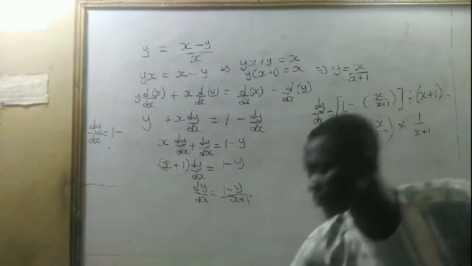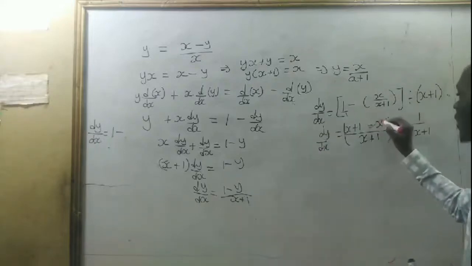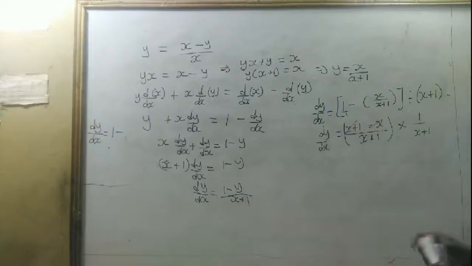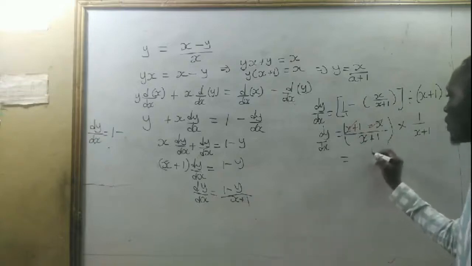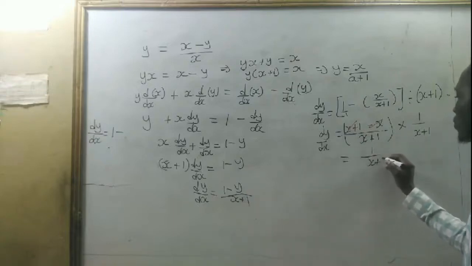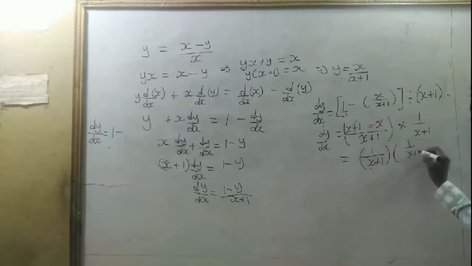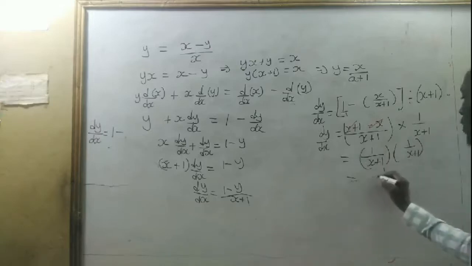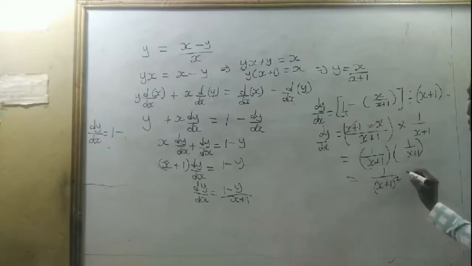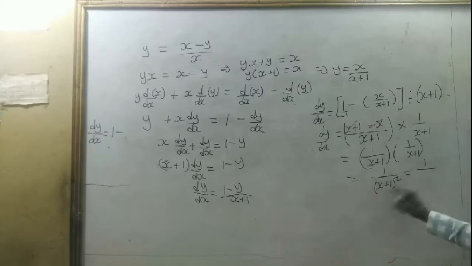This negative x will cancel this positive x, and we are going to have 1 divided by x plus 1 times 1 divided by x plus 1. So this will give us 1 divided by x plus 1 squared, or 1 divided by x squared plus 2x plus 1 if we expand this.